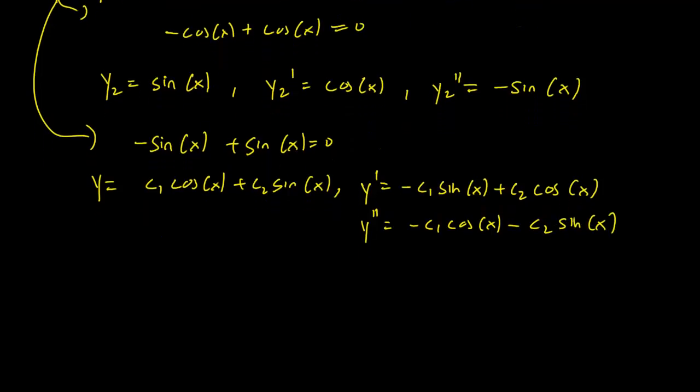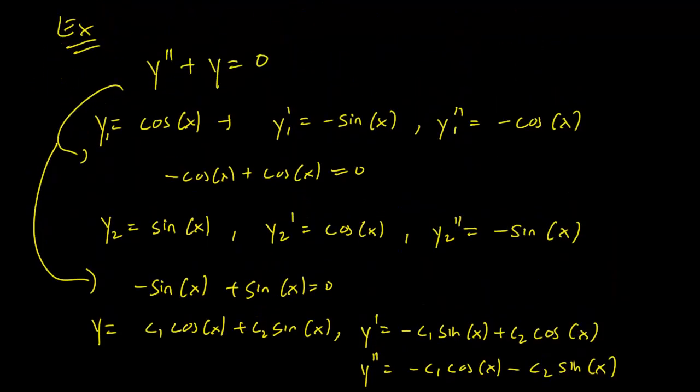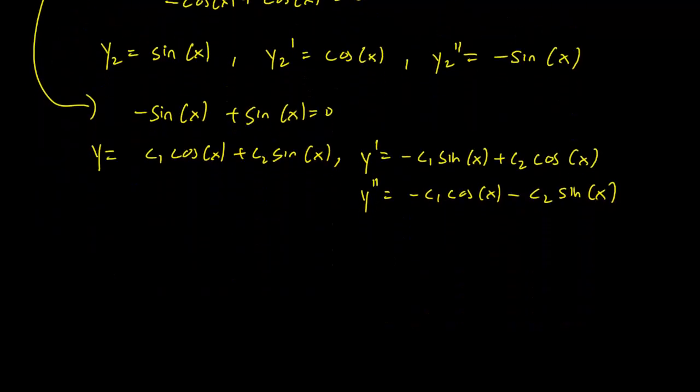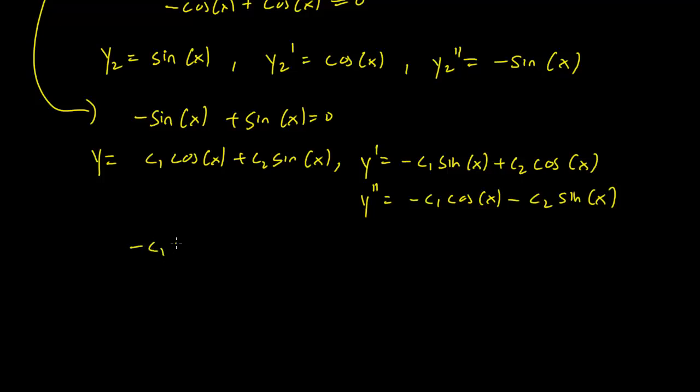And when we plug that into the equation here, what we get is minus c1 cosine x minus c2 sine x plus c1 cosine x plus c2 sine x.